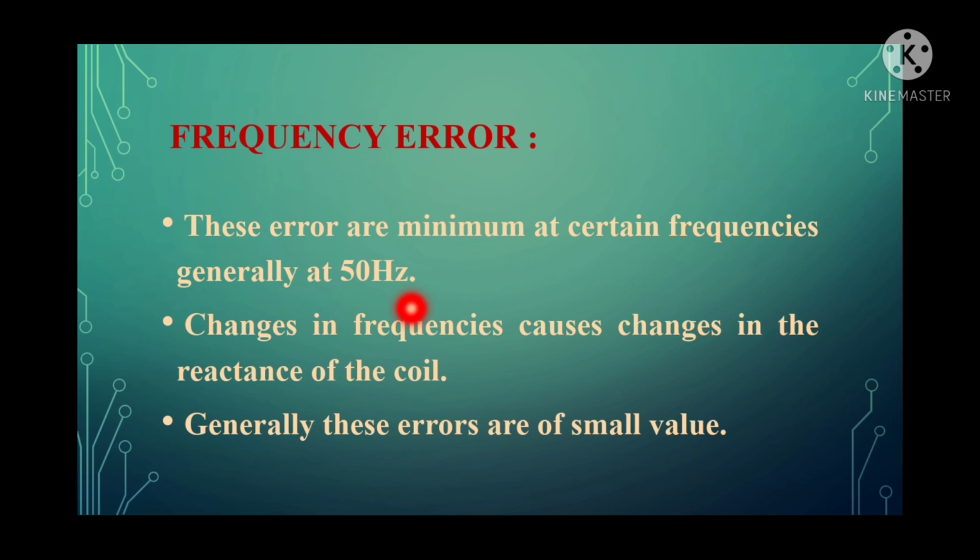Apart from this 50 hertz, when there is any frequency variation in the supply voltage, it causes error. So changes in frequency cause error due to change in the reactance of the coils available. So these errors are of smaller value, so they can be neglected.